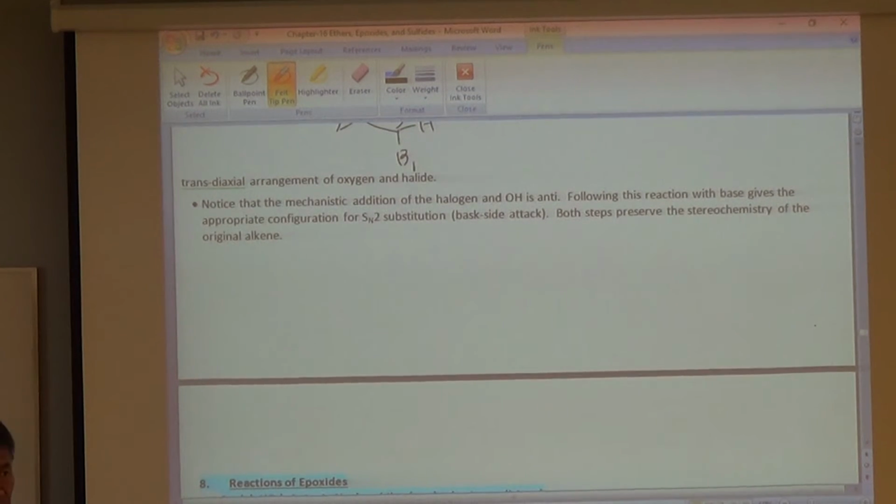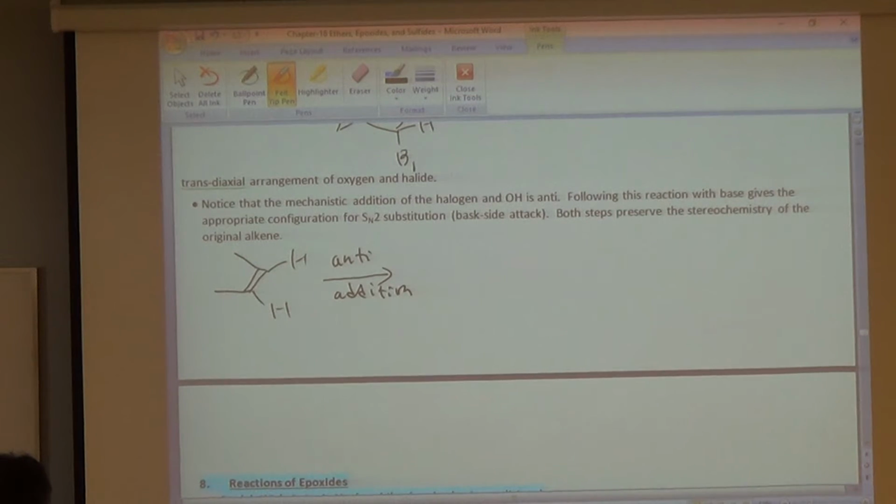That means if you start with cis-2-butene, like this, so you have an H and you have an H. And if you add in the OH and Br, the OH and Br are added anti, from the opposite side. Anti addition first, OH and Br.